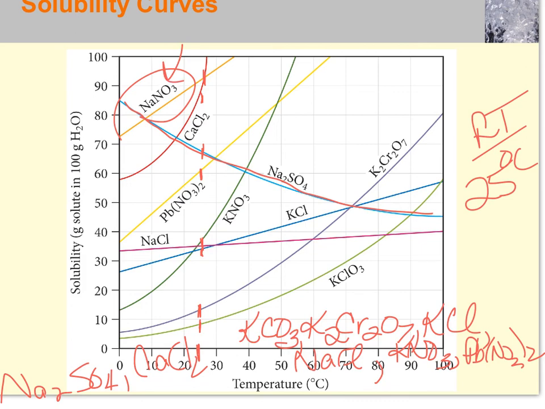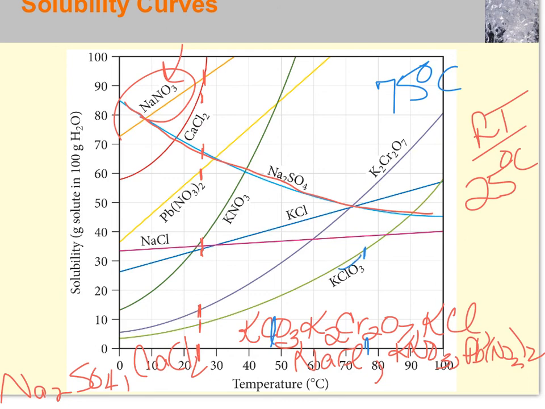Interesting. Now, if I asked you to do the same thing to list in increasing order the solubility of these salts at 75 degrees Celsius, would it be the same? Let's look. Well, the lowest solubility is potassium chlorate, which I left off the C. Yeah, so that's the same.